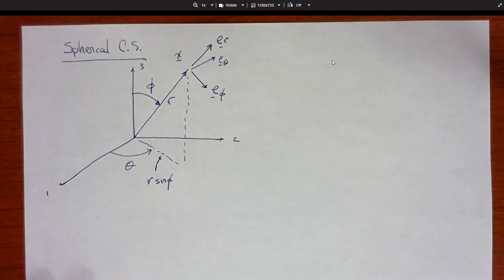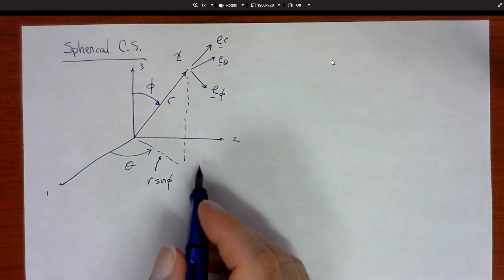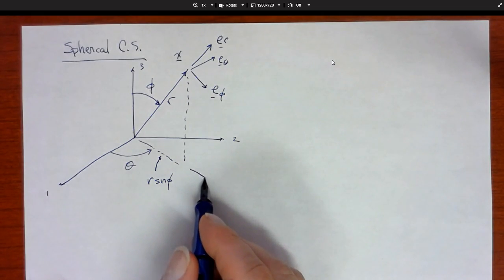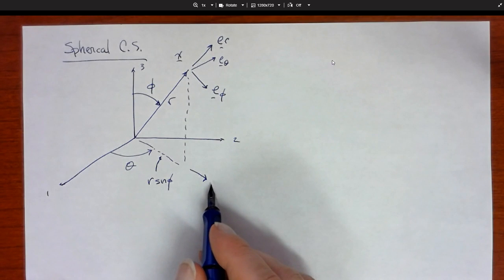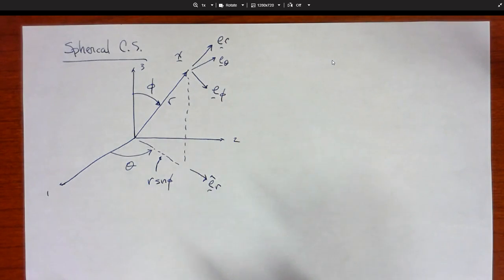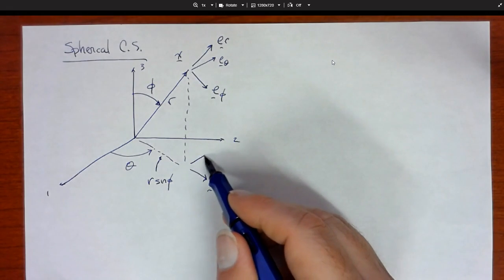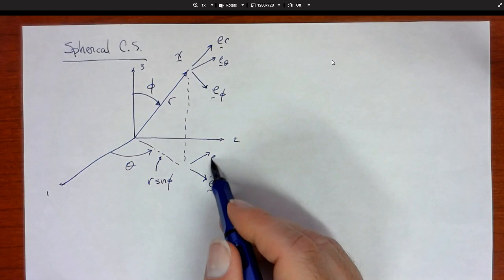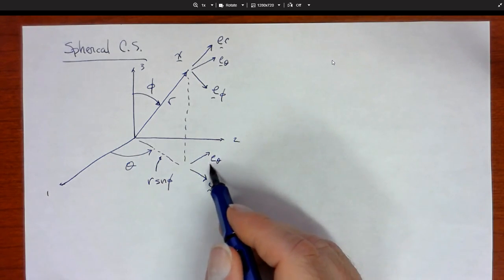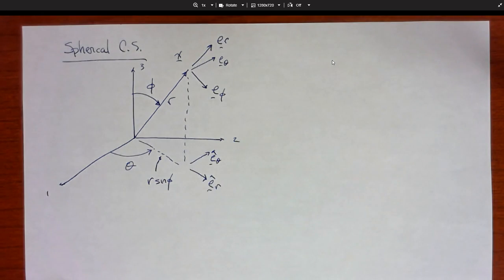And let me also define a sort of pseudo polar coordinate system, because that makes things a little bit easier. I'm going to call this ER, but I'm going to put a little hat on it, because that would be the ER if we had a cylindrical coordinate system. And then we could also do an E theta hat, which would be the E theta direction in a cylindrical coordinate system.